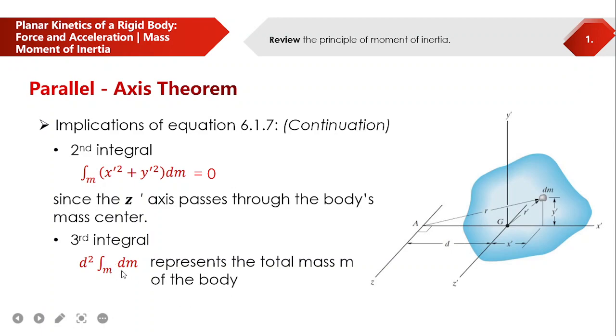That is how the third integral works; it just computes the whole mass of your body. So that will be d squared times the integral of dm from 0 to m, which is equal to d squared m, or md squared. So that's your third integral.